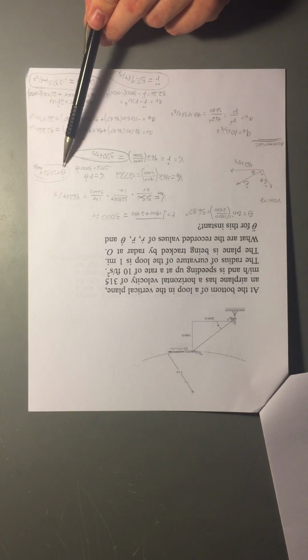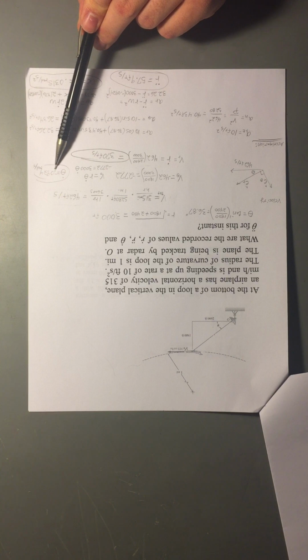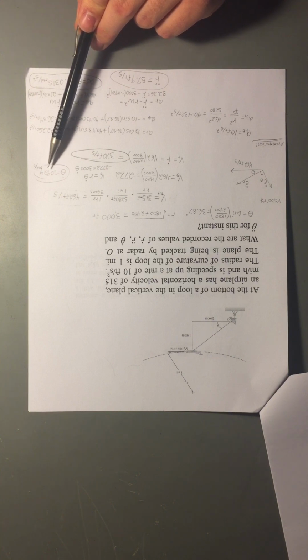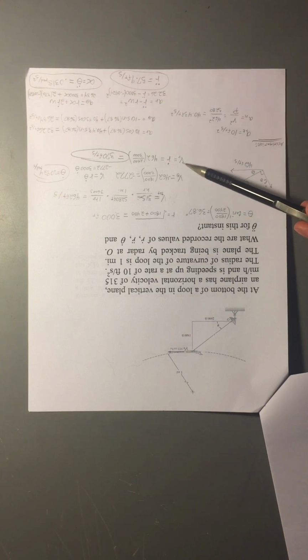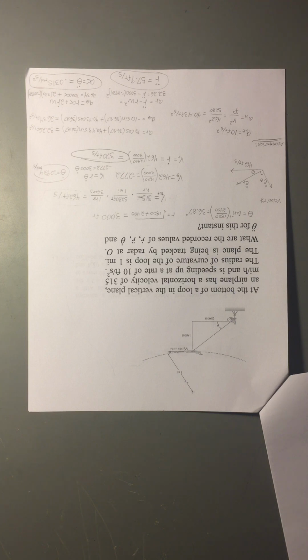So theta dot, or our omega value, came out to negative 0.0924. And in the radial direction, our velocity for r dot came out to 370, and that's in feet per second.